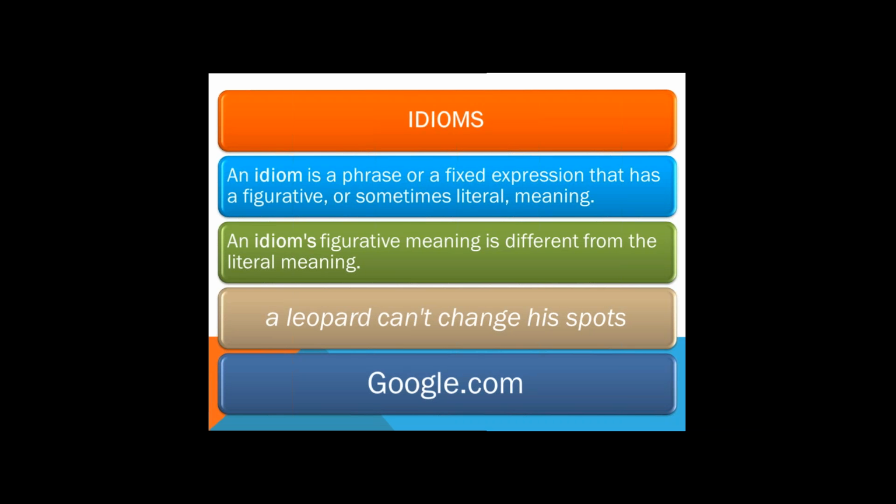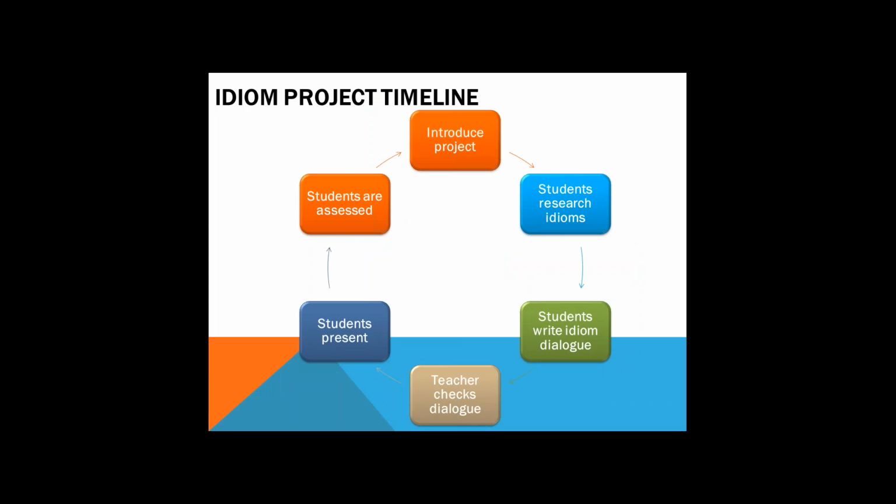So I wanted to show a little bit about the timeline for this particular project. The first thing that I suggest is introducing the project with the actual PowerPoint that we are seeing now. It gives the students a chance to see what is expected of them and also to see an example of what they will be presenting once they are presenting their project. So first introduce, next the students need to research the idioms.